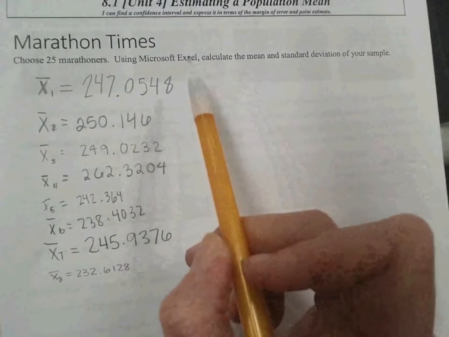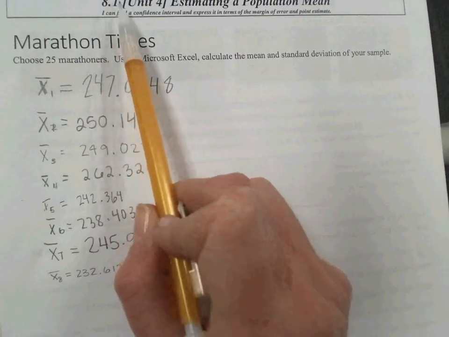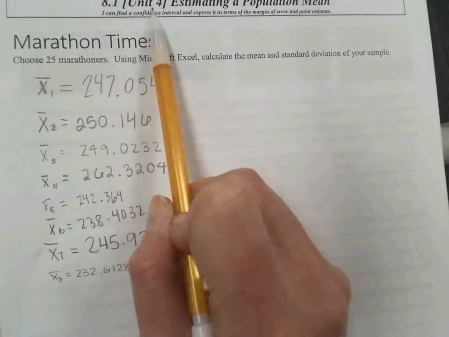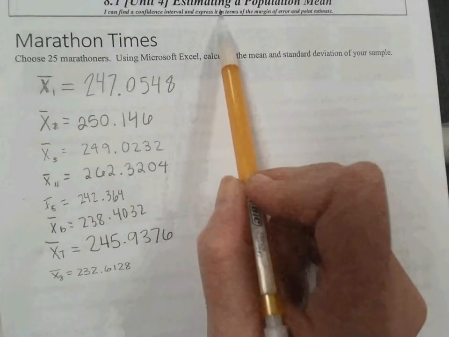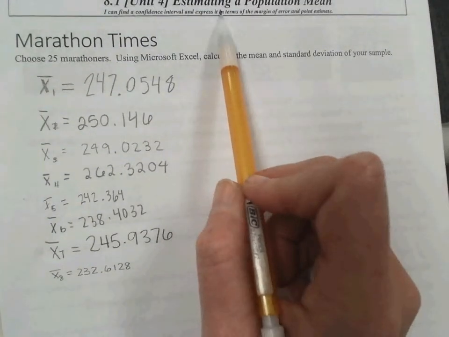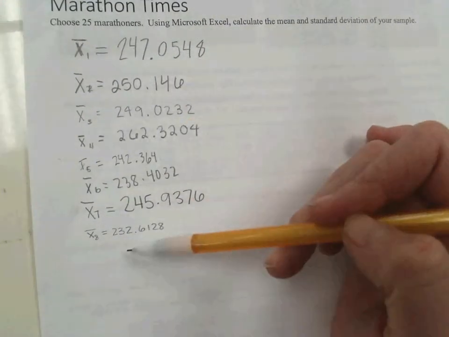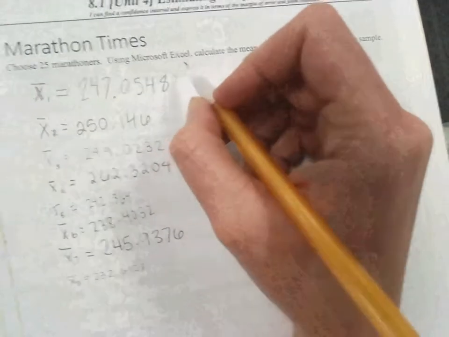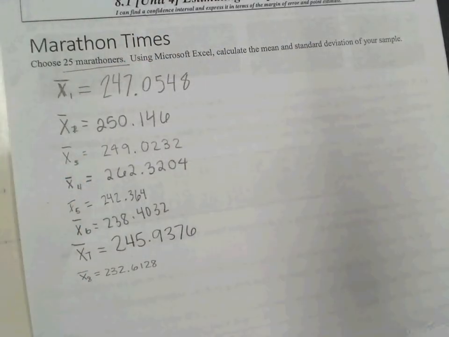So our notes today are 8.1, so chapter 8, section 1, still in unit 4. Our topic is estimating a population mean. Although you have all calculated these lovely sample means based on samples of size 25, we do not know the population mean, meaning the mean of all of the runners in this box.